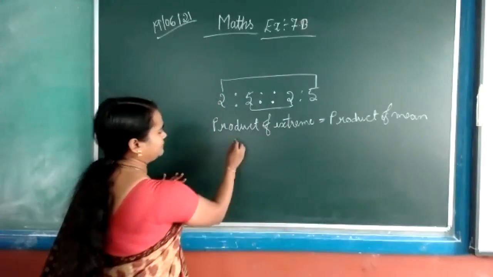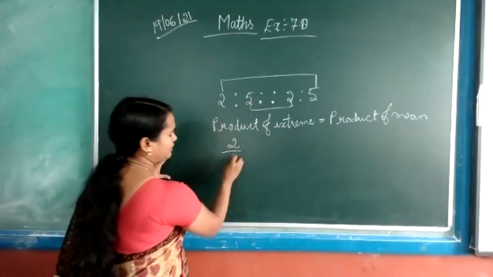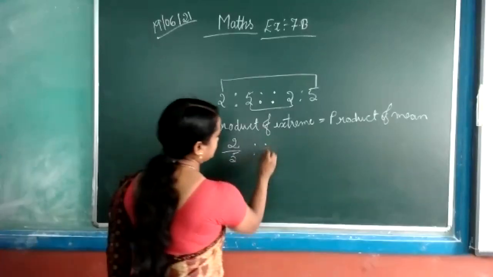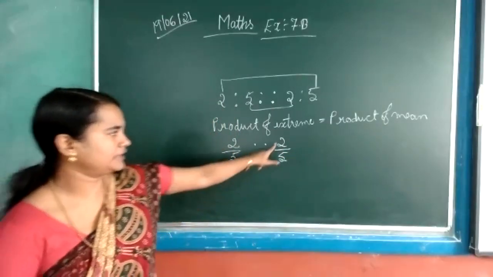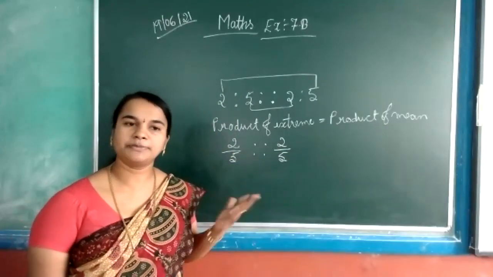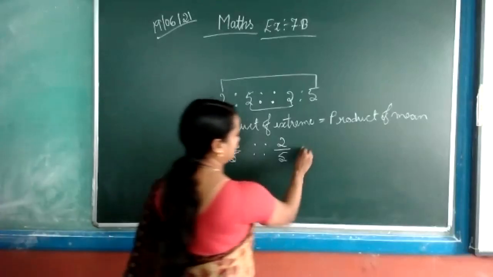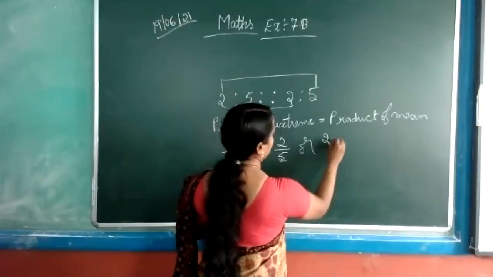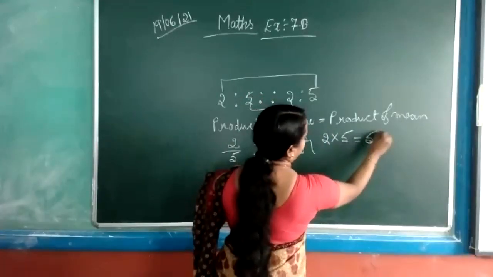First method, directly we write the fraction form, 2 upon 5. Now you see here also 2 upon 5, here also 2 upon 5. That means it is a proportion. Or another method: product of extremes, 2 into 5, equals product of means, 5 into 2.